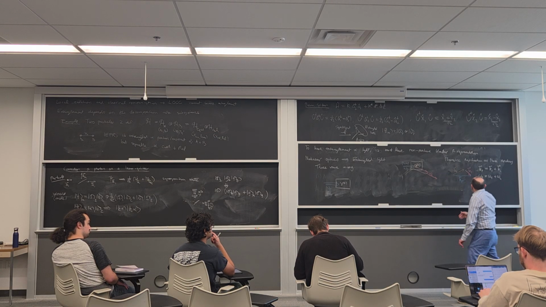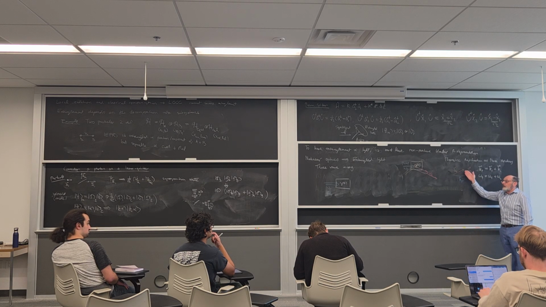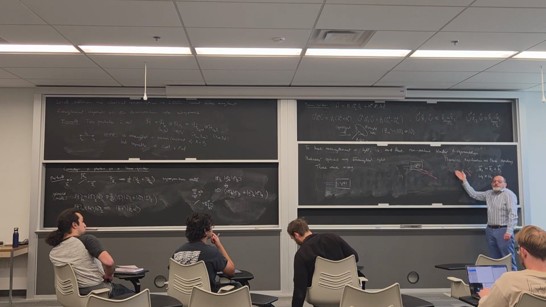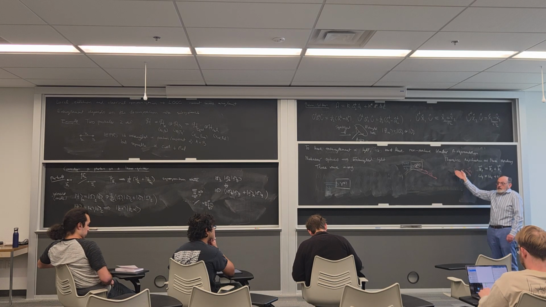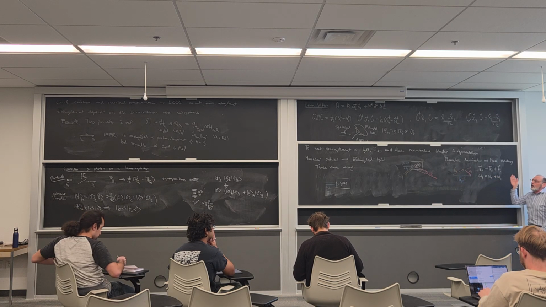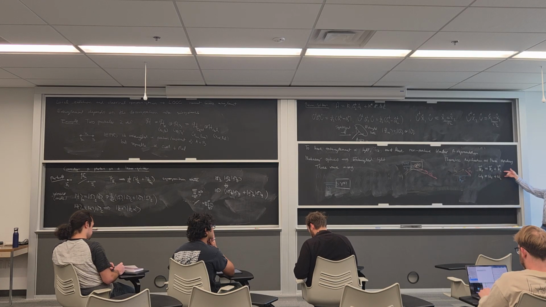We could have degenerate parametric down conversion where they have the same frequency and the same direction of propagation. But in general, in order for us to have phase matching, these are the conditions.